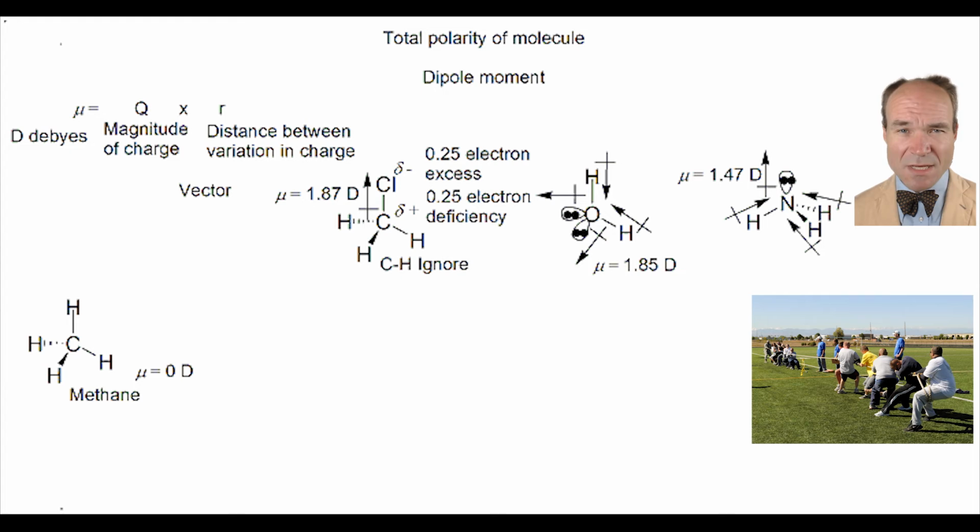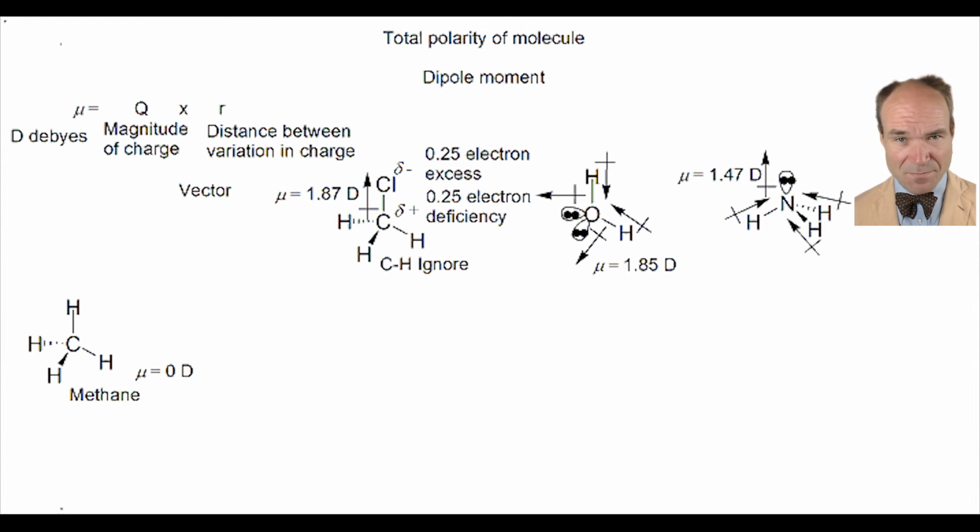In the case of methane, for our analogy, we have to think about 4 teams, with each team pulling in the opposite direction to the net direction of the other 3. But there is no dipole moment, so no Debye value. It's 0.